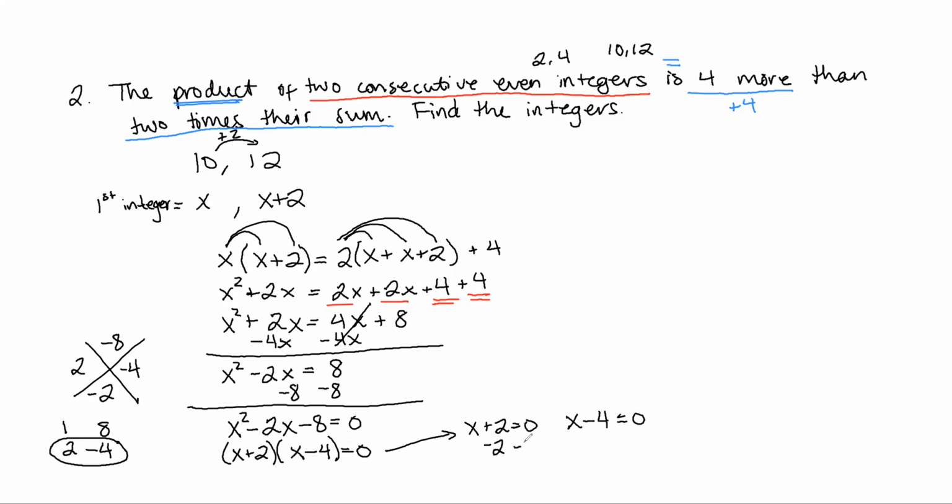Solve each one of these, and we get x equals negative 2 and x equals 4. Oh, I didn't add the 4 on that one. There we go. So we have what our x is equal to.